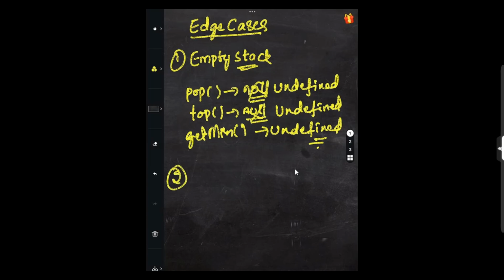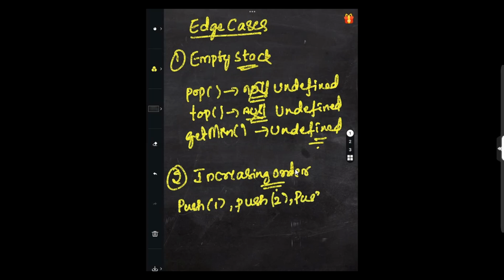So next, move on with the next edge case, nothing but the increasing order. While I say increasing order, let me consider here push 1, and again let's consider push 2 here and push of 3 here, right? So this is of the increasing order. You can clearly see get min here, the output will be 1, right?